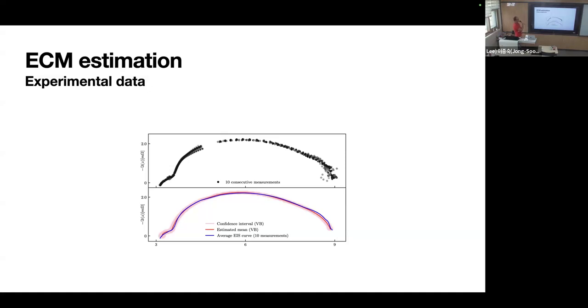We take 10 consecutive impedance measurements and try to estimate where is the true value of the impedance and how much of these changes are noise and how much is the actual change in the system. In particular, we should be interested in this spread here, and also this noisy part in this case. Is it noise, or is it something strange happening in the system?